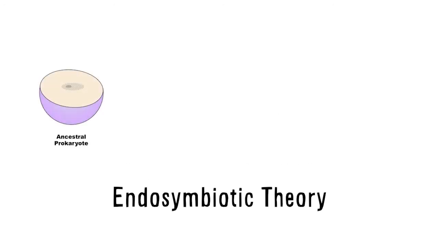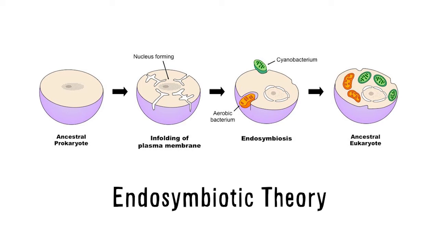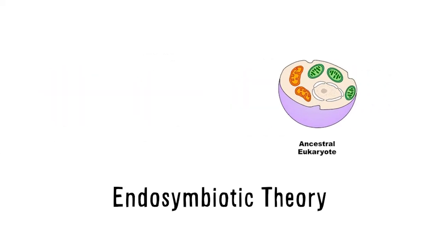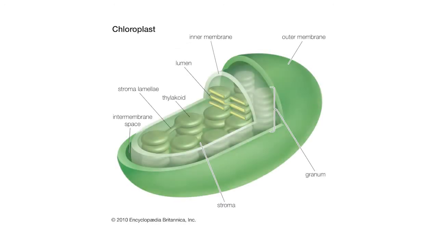The endosymbiotic theory suggests that these organelles may have arisen when a bacterium engulfed a photosynthetic bacterium, but instead of digesting it, they learned to live together in endosymbiosis. Inside the chloroplast are disc-shaped photosynthetic structures called thylakoids. These thylakoids usually form stacks called grana, while the space surrounding the granum in the chloroplast is called the stroma.